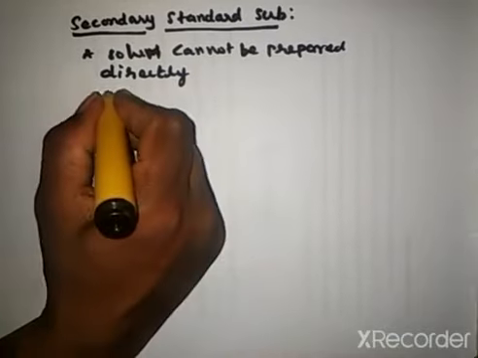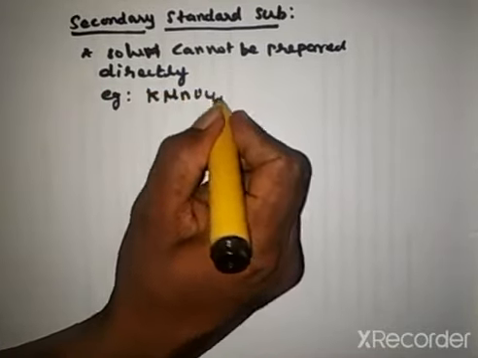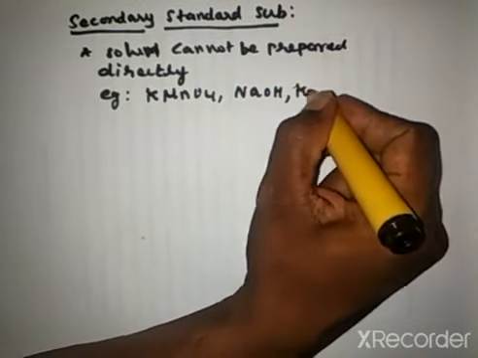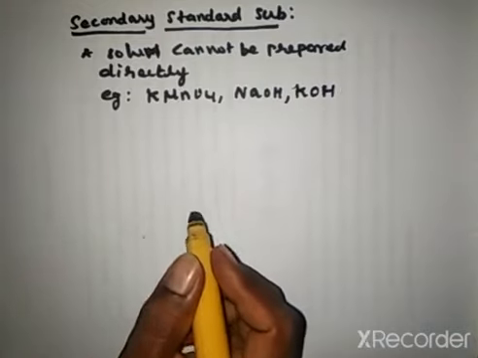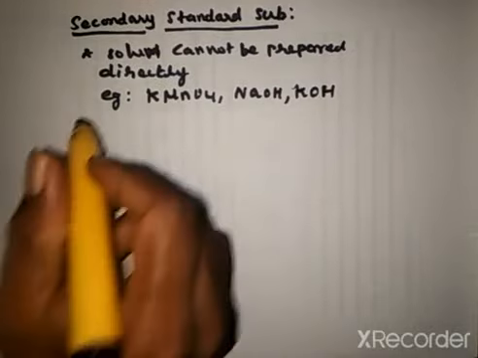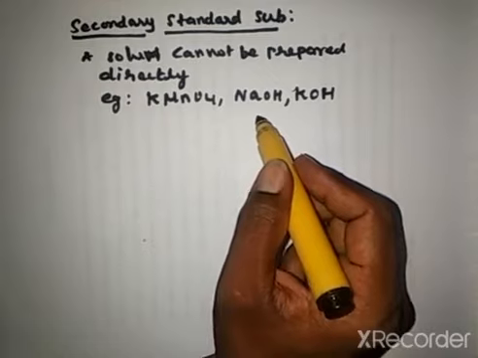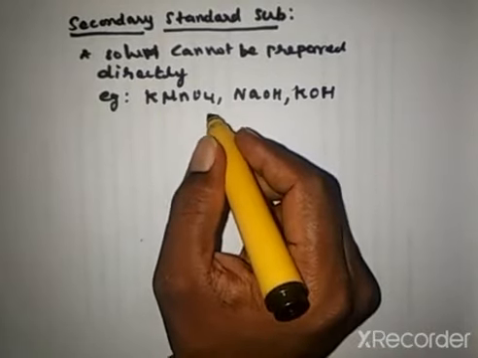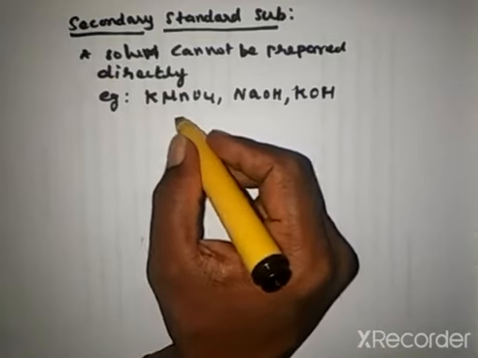For example, potassium permanganate, sodium hydroxide, and potassium hydroxide. These are all substances used as secondary standards because their solutions cannot be prepared directly, but we can standardize them.